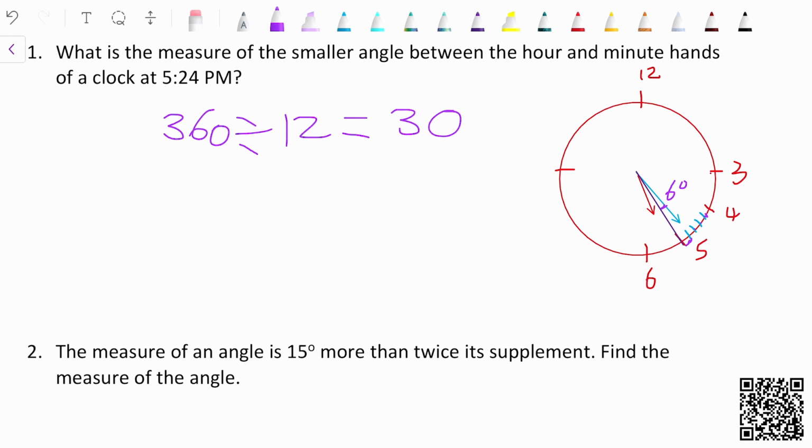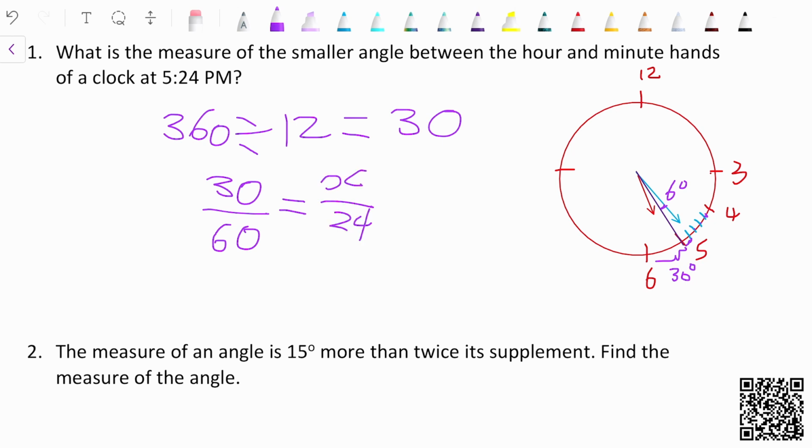Because 5:24 isn't exactly on any grid, and also it's an hour hand, doesn't that make it a bit more trippy? Not necessarily. Like I said, if this entire bit is 30 degrees, then for our 5:24 bit, we can use a ratio. If 30 degrees is to 60 minutes, which is 1 hour, then what would 24 minutes be?